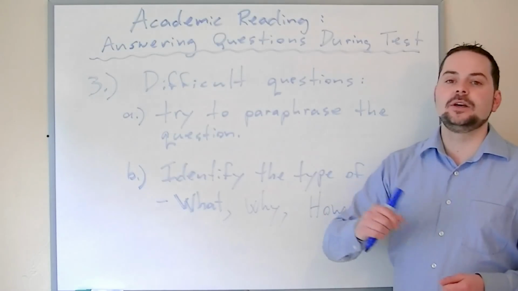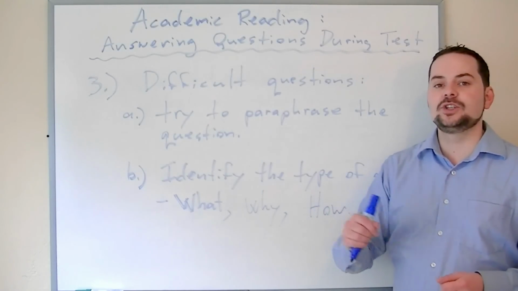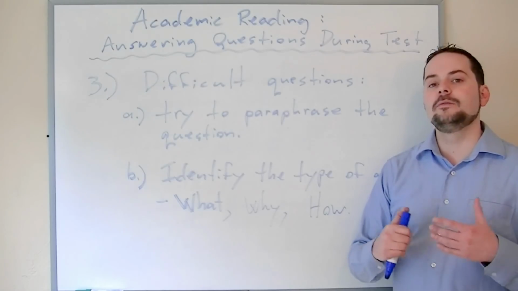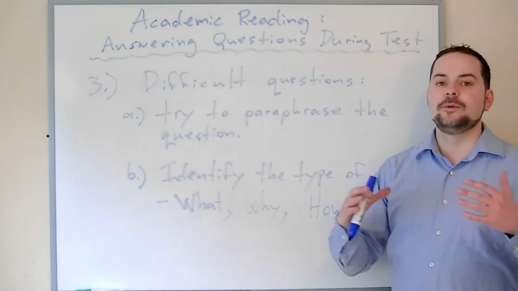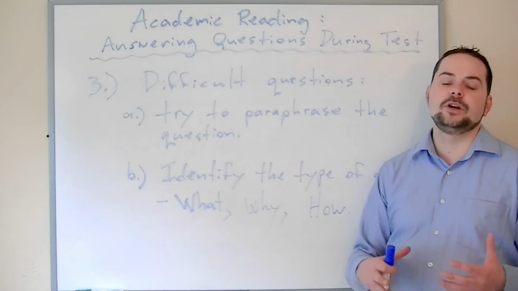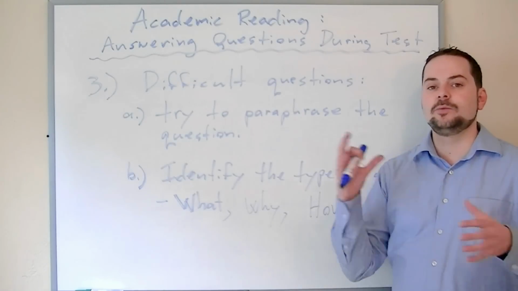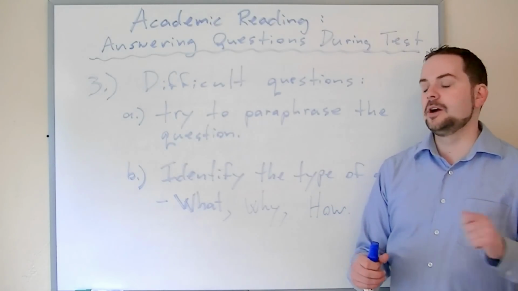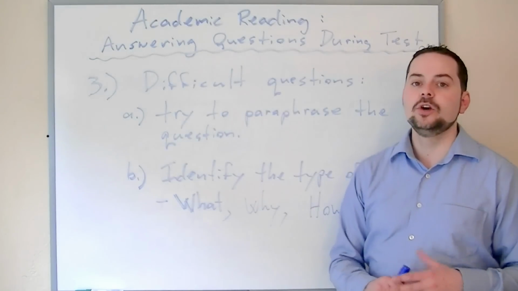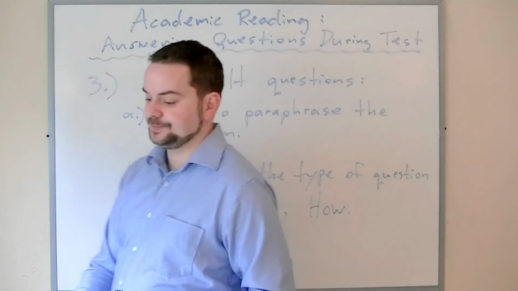Flipping between the pages and the questions is not a good idea. If you're doing this for a whole hour, it will confuse you, your brain will become a mess, and then the writing section, which comes after, will become very, very difficult because your brain will be all mixed up from flipping around pages. So make sure you try to answer half of the questions without looking at the passage.